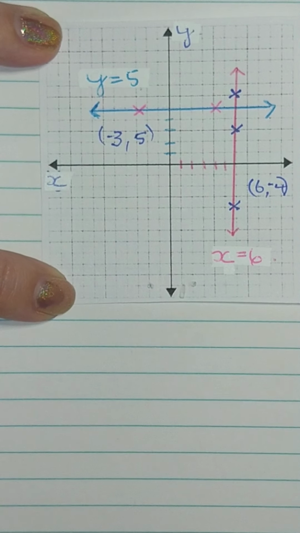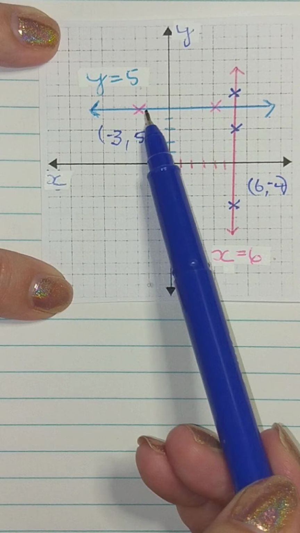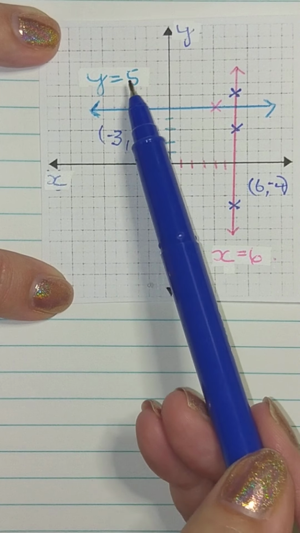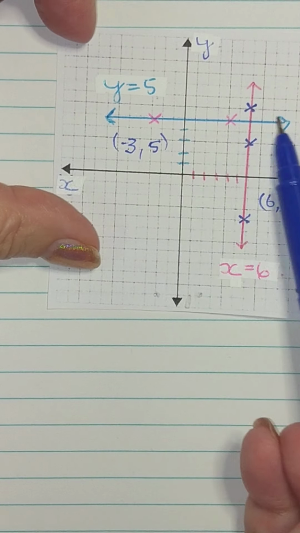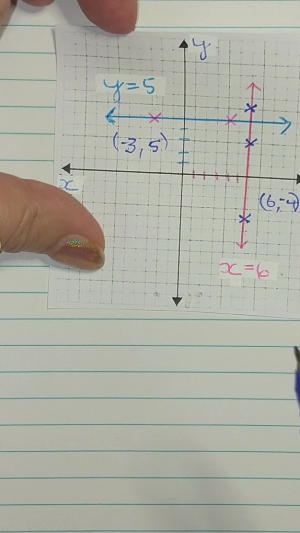All right, but it wouldn't matter which pink cross anywhere along this line here that I plotted, y would always equal 5. But not all lines run perfectly horizontally or perfectly vertical, and that's where we get into these linear equations. Remember, we're talking equations at the moment, not inequalities.